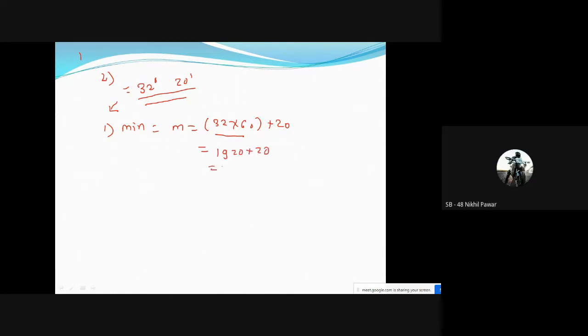Then it will become 1940. Then again which formula do we have to use? We have to use m divided by 540. This formula we have to use. Put the value. What is the value of m? This is the value. That is the divided by.